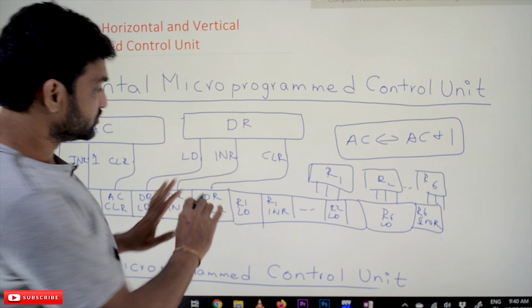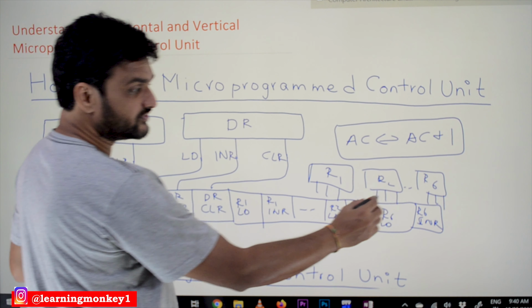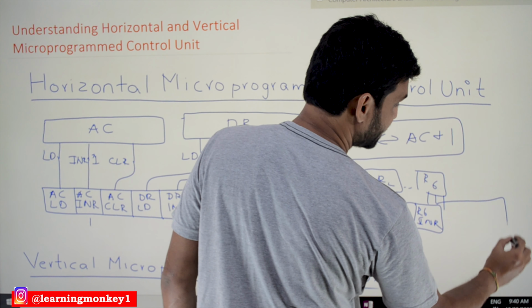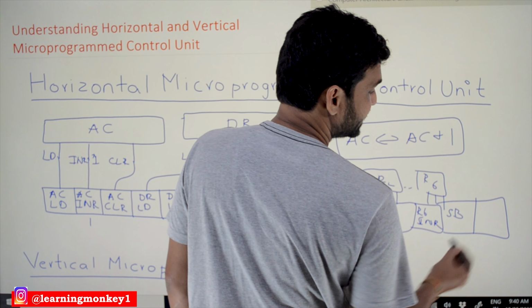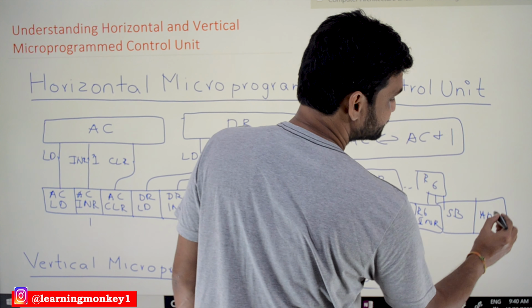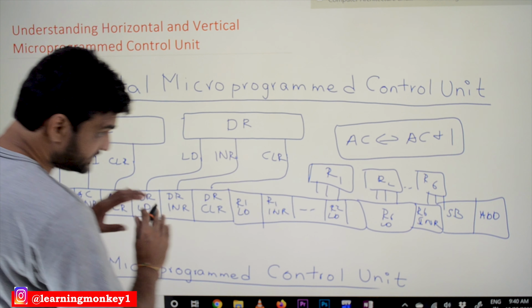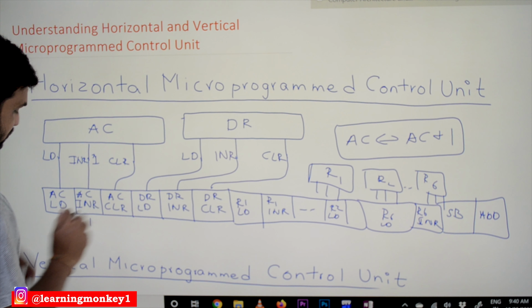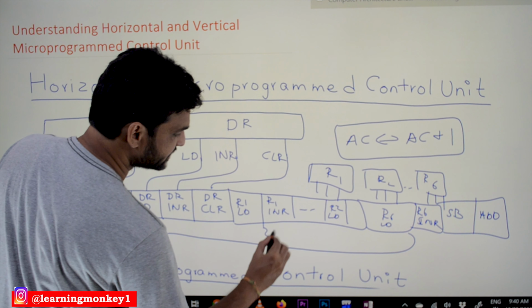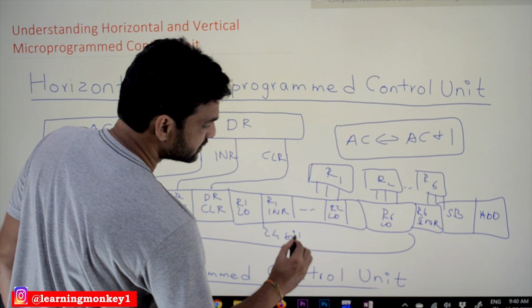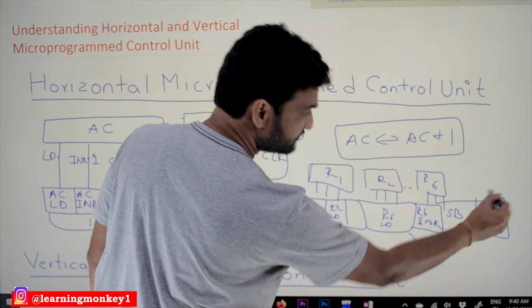So it consists of the 24-bit control word, the status bits, and the last one is the address.